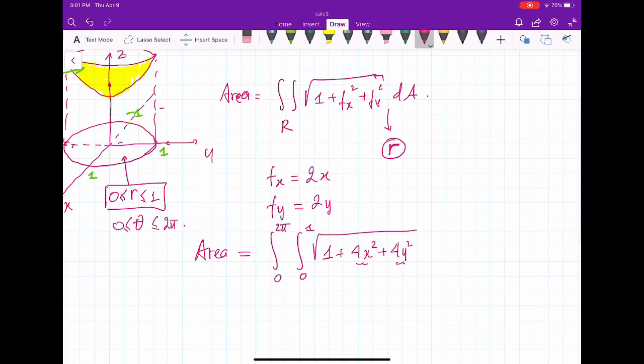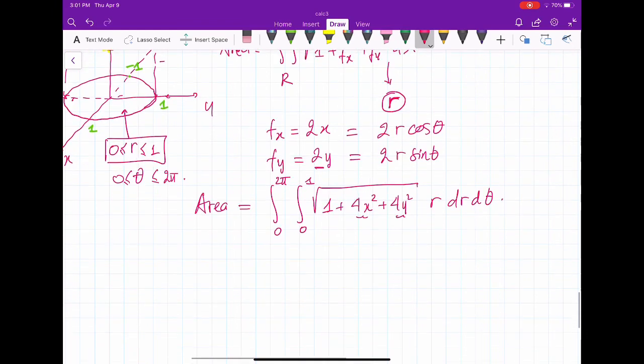Let me keep x and y, and then I will plug r and theta into this formula. Here we have r dr d theta. So what is x? x is r cosine of theta, and y is r sine of theta.